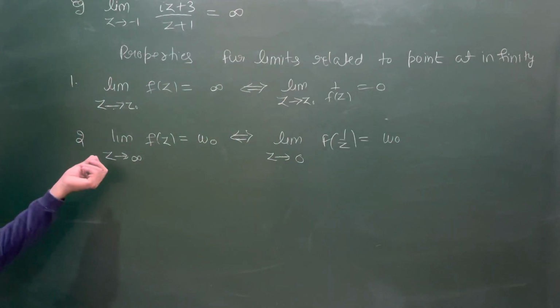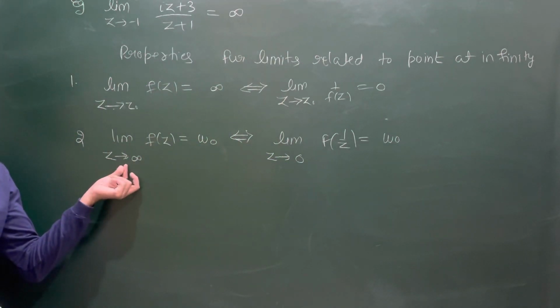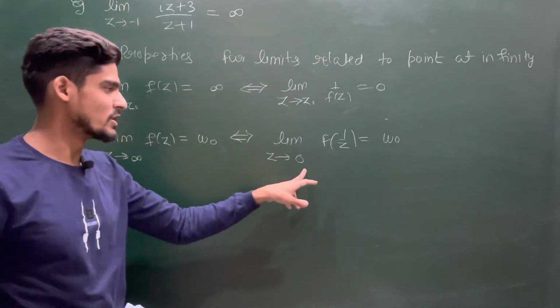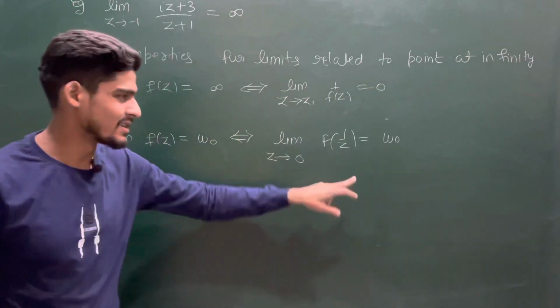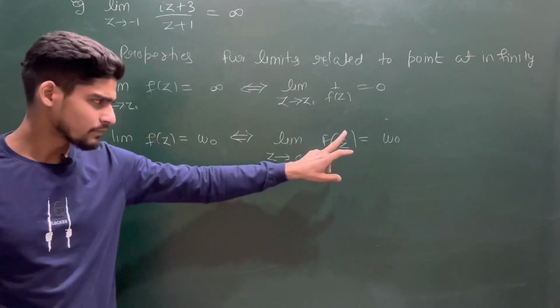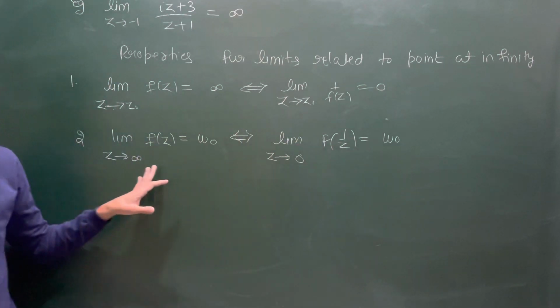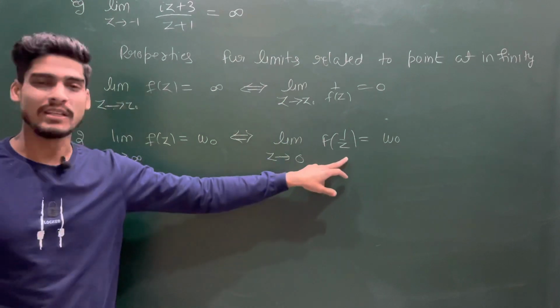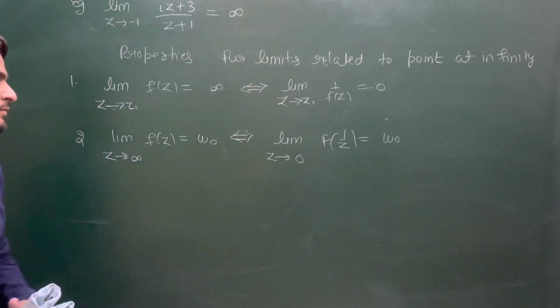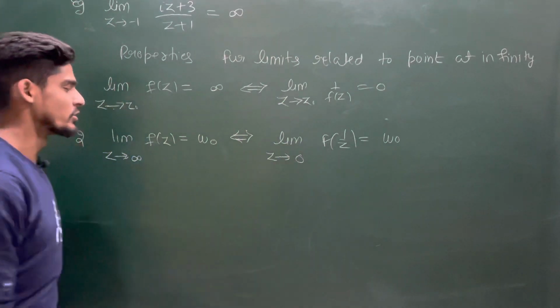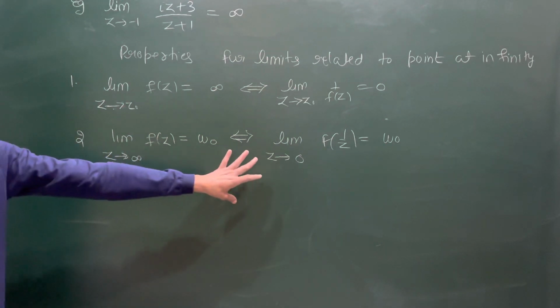If you are having a problem for dealing with the z tends to infinity, you can deal with the limit z approaches 0, f of 1 by z function. And this is very crucial part when I will be defining the singularities and most of the properties related to point at infinity, I will be encountering this property. So this is very crucial, how you interchange your z and 1 by z. So the proof is very clear to you.